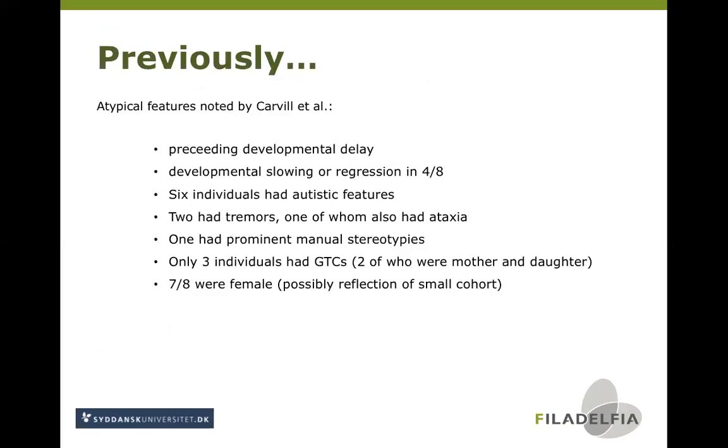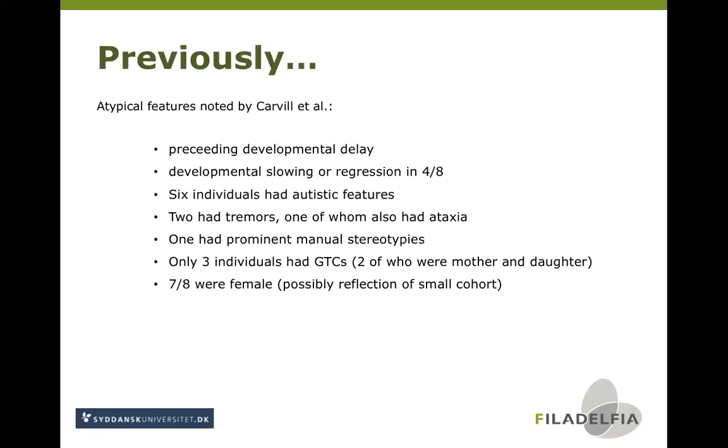Furthermore, in the Carvill paper, some atypical features were noted. The patients had preceding developmental delay, thus they had developmental delay before the onset of epilepsy. And then they showed slowing or regression in half of them after epilepsy onset. Almost all of them had autistic features, and some of them had tremor.